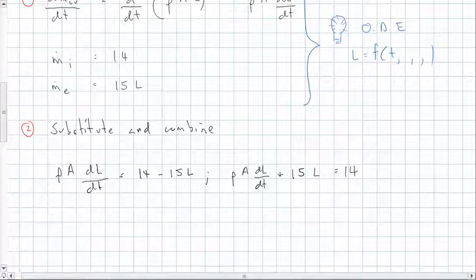Let me go one more step. dL dt, divided by this term, plus 15 over rho A times L equals 14 over rho A.